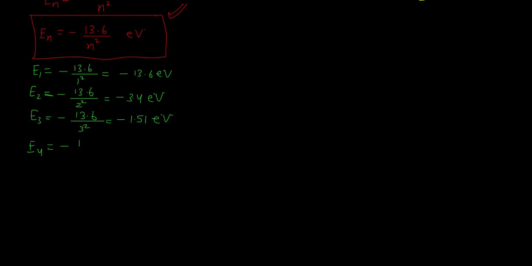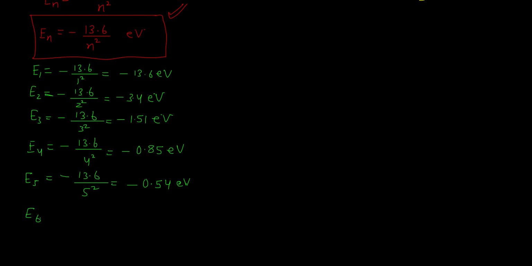So E4 will be -13.6 divided by 4², which is -0.85 electron volt. And E5, -13.6 divided by 5², is equal to -0.54 electron volt.